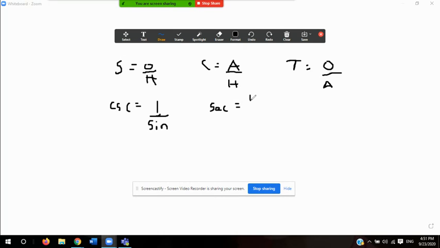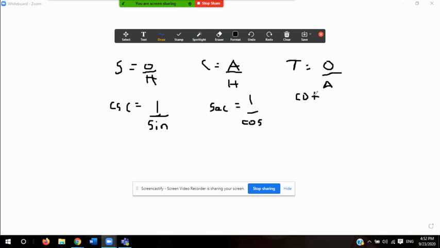And our cotangent is 1 over the tangent, right? So these are our identity functions.